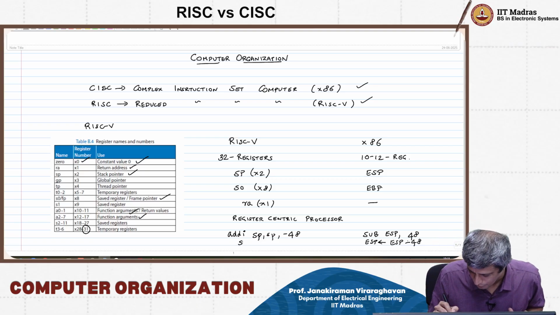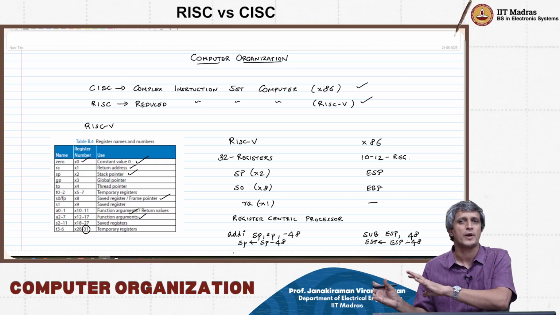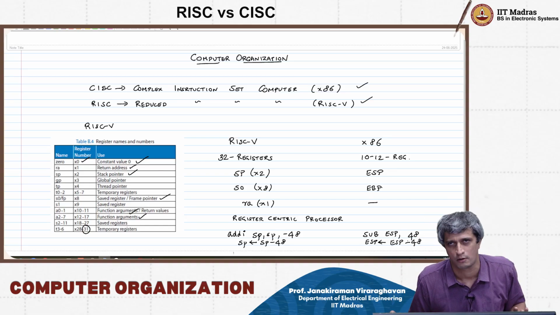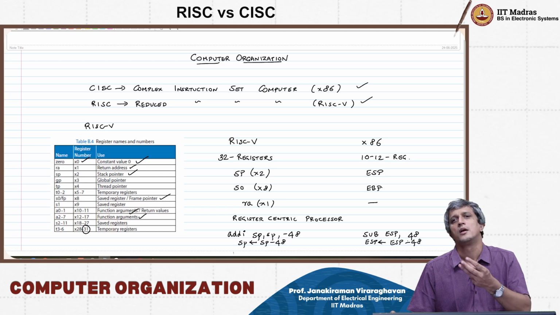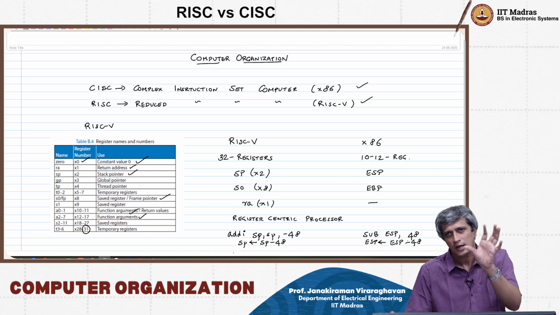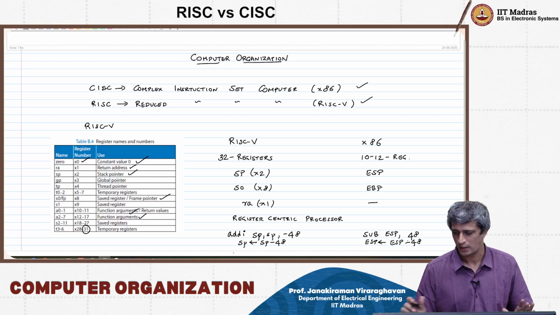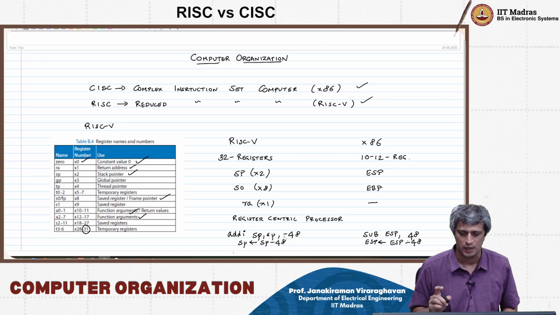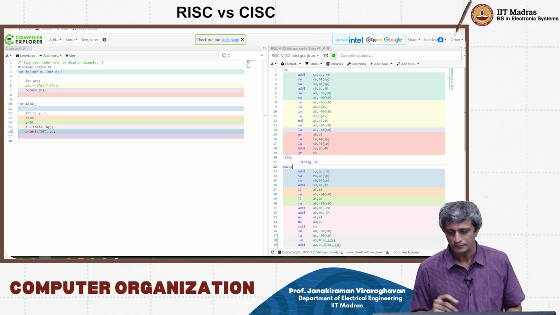I am achieving the same thing, sp minus 48, except that I can technically do sp minus 48 and put it into another register. So you typically have 3 arguments for any RISC-V instruction: a destination register and 2 operands that you are going to do this ALU operation with. This is the first difference that we can appreciate by just looking at this generated code.